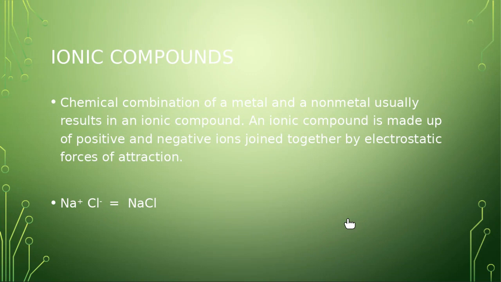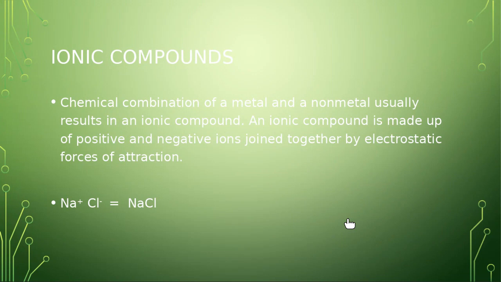The metal atoms tend to lose one or more electrons, you know that from last week, when they combine with non-metal atoms, and we call these compounds ionic compounds.